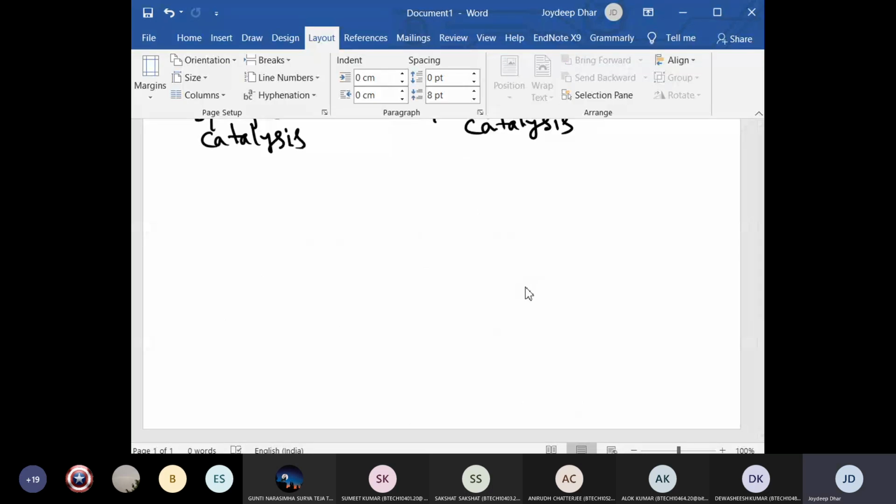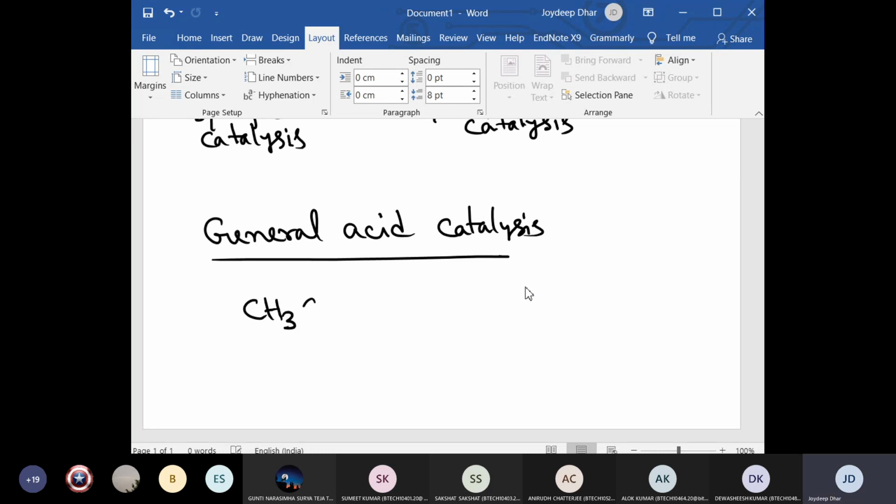Now for general, take iodination of acetone. If you take general acid, you don't need a specific acid, or you have solvent water that will act as a general acid catalysis reaction. The reaction is mainly an organic reaction: CH3COCH3 going to CH3COCH2I.